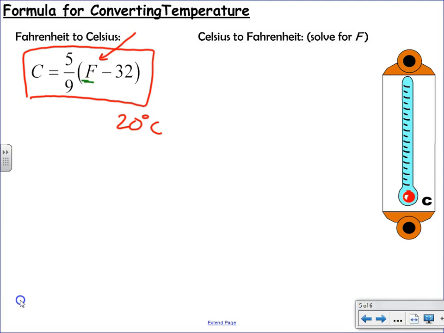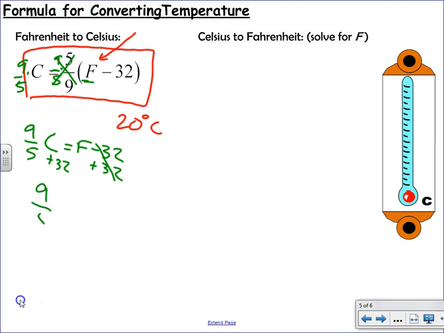So F minus 32 times 5/9. Last thing we did is multiply by 5/9. Let's multiply by its reciprocal to cancel that out. 9/5 times C equals F minus 32. F by itself, we add 32 to both sides.